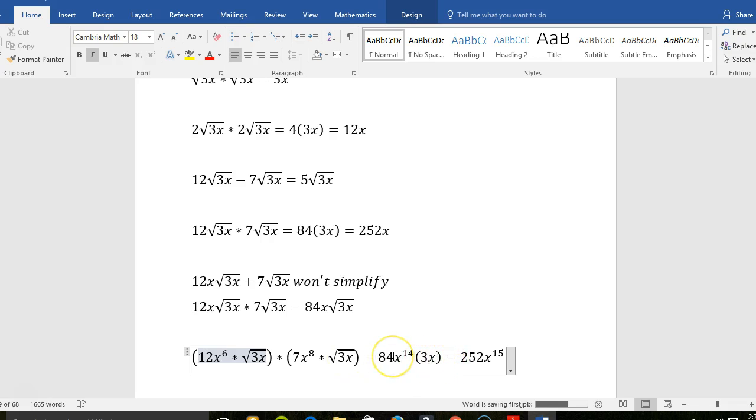But then after that, you can do associativity, law of exponents and all that, commutativity. 84 times 3 is 252. X to the 14 times x to the 1, you just add 14 and 1, you get x to the 15 by the law of exponents. So you just get 252 x to the 15, where I multiplied the coefficients, and I multiplied x to the 14 times x to the 1, but that gives me x to the 15. You add the exponents when you do that, okay? So there's that.